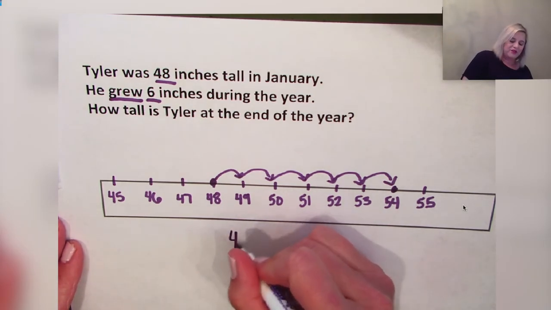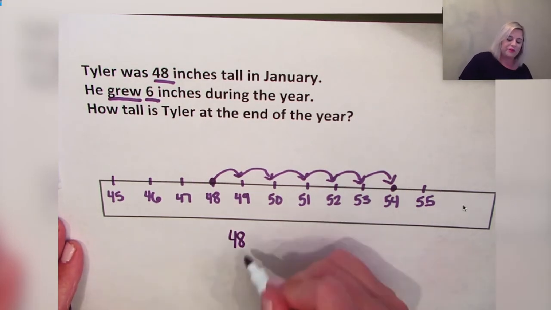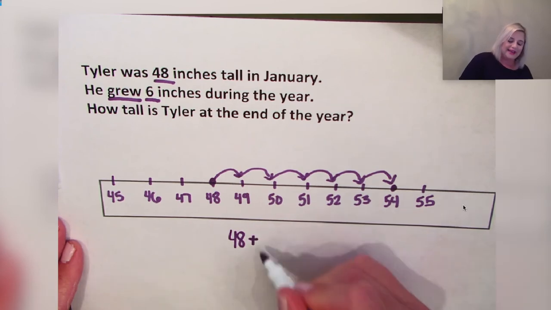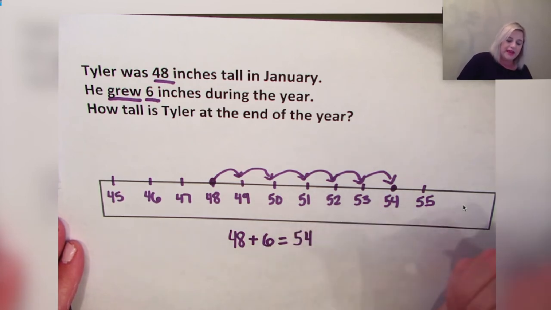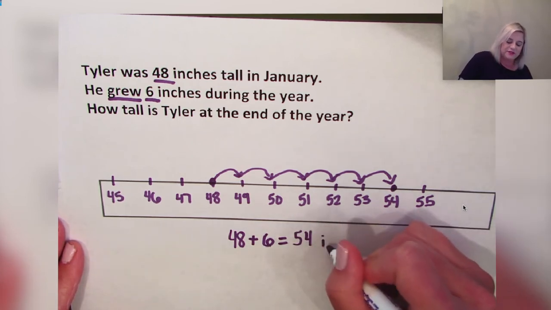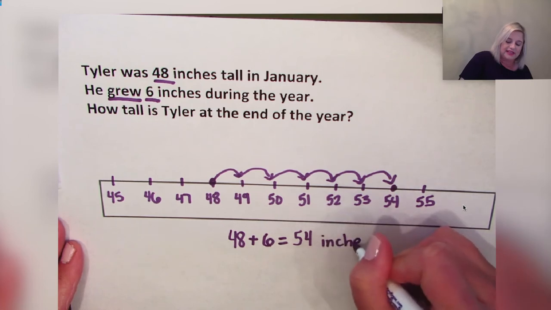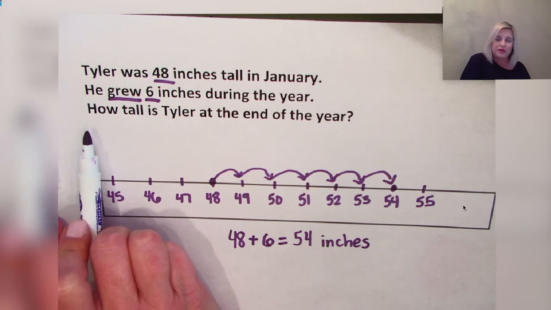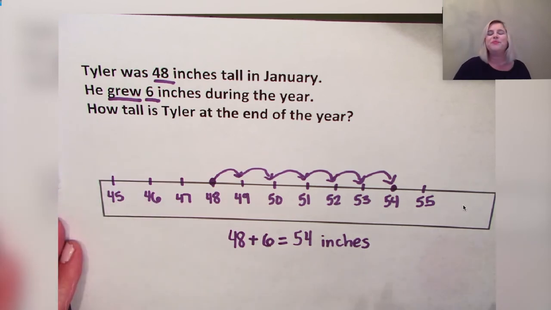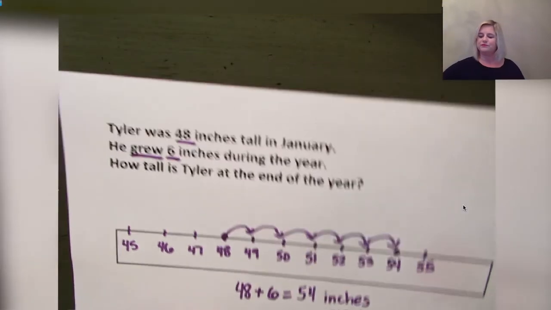Yes, we're writing 48 because that was our starting point, and we added 6. 48 plus 6 is 54. So now we know that Tyler is 54 inches at the end of the year. Did we solve our problem? Yes, very good. Now let's continue and do another problem together.